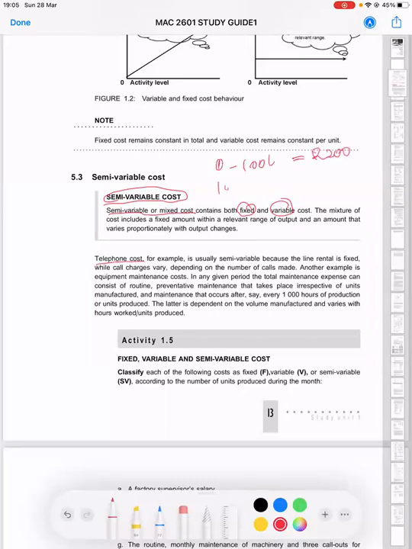And then if you're going to use 100 liters and above, they can say that now for every 1 liter used, you'll be paying 2 rand. So what type of cost is this water bill? We'll call it a semi-variable cost because it contains both the fixed element as well as the variable element.